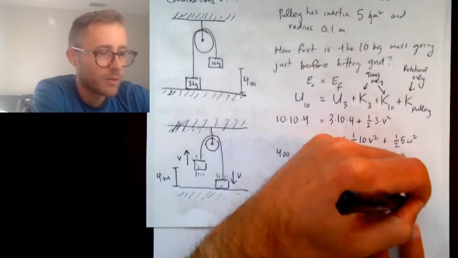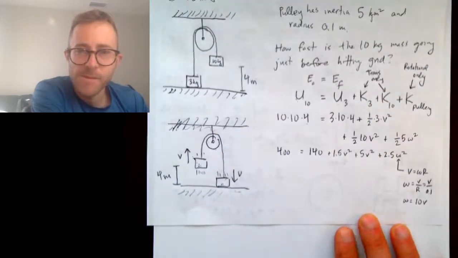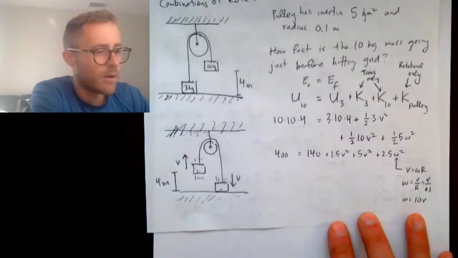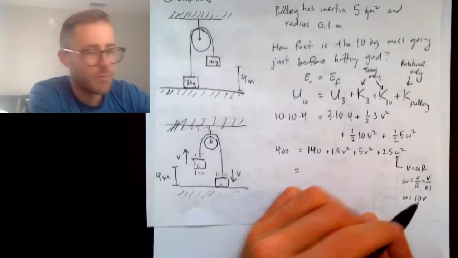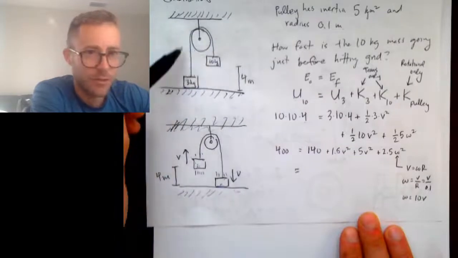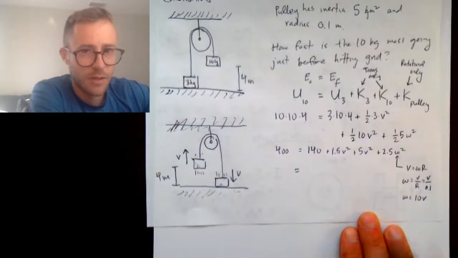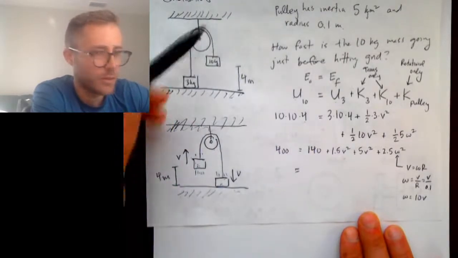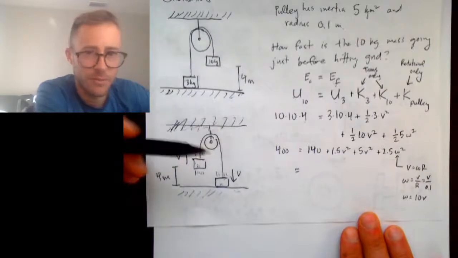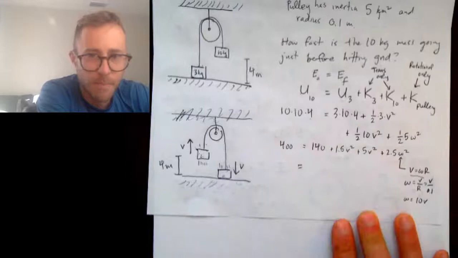So omega equals 10v. Okay? So again, because the string is basically causing the pulley to rotate, there's a connection between the rotation of the pulley and how fast these masses are moving. And it's the same relationship as rolling.